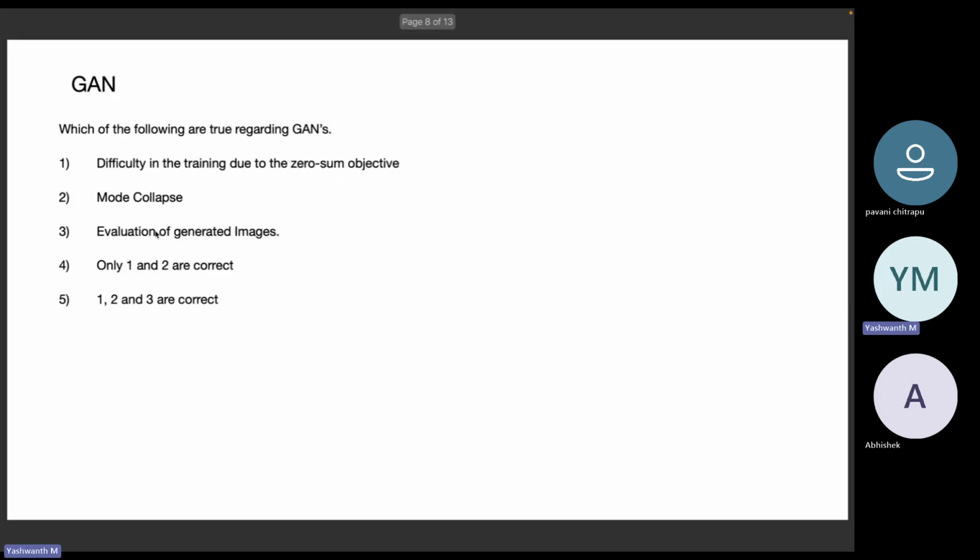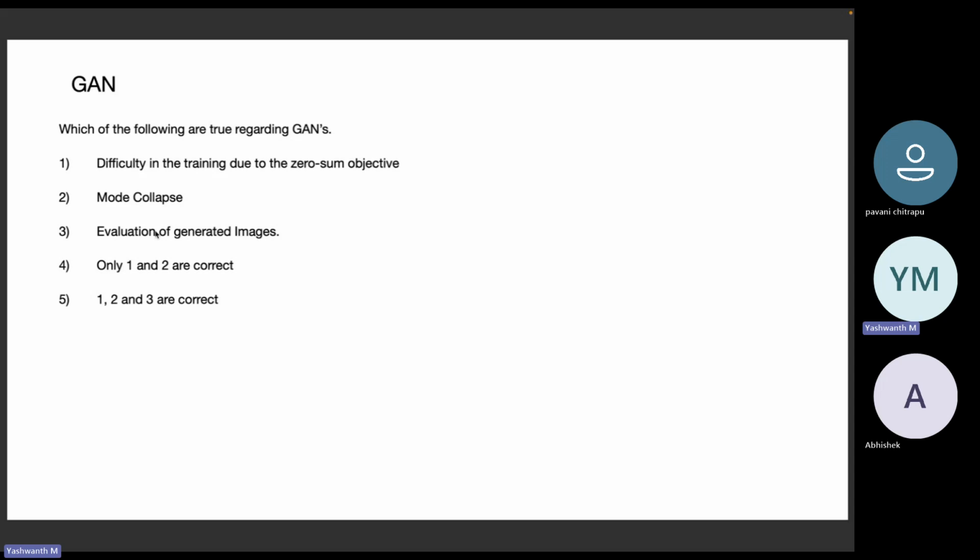Again, which of the following are true regarding GAN training? The difficulty in training due to the zero sum objective, yes, that is true because one is trying to maximize the objective and another is trying to minimize it, and it's very hard to attain equilibrium in such training. Mode collapse is also true.